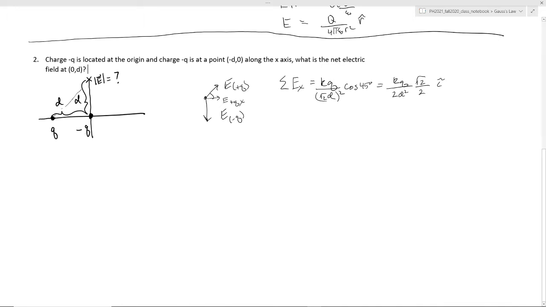So in the y direction, what do we have? We've got kq over d squared. Now we're going to have two pieces, but the contribution from the negative q would just be kq over d squared, and that one would be negative.